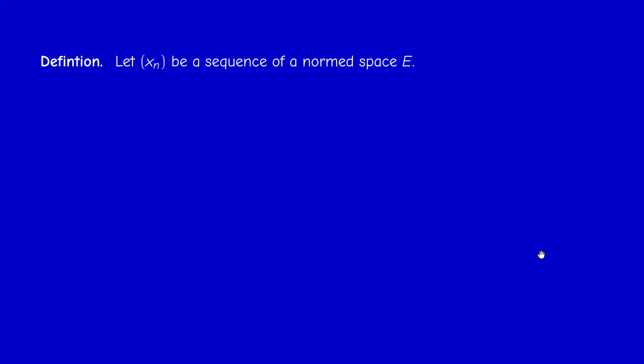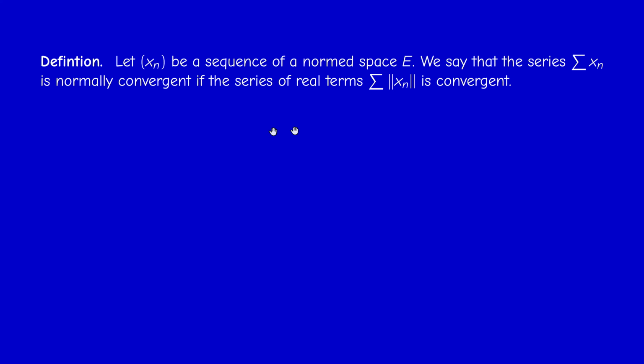Now, a remark. In a normed space, we can talk about convergent sequences, as we said, and you can talk about convergence of series, because in a vector space we have the notion of sum. So the series is convergent if the sequence of partial sums is convergent.